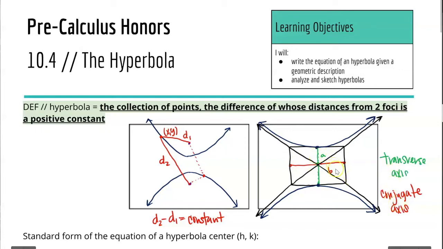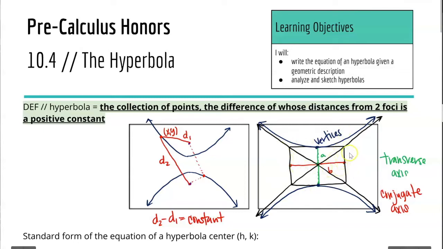We do call these points vertices, but notice that the b value doesn't actually result in a point that's on the hyperbola, so we don't call those co-vertices, although on the slide I kind of do. I just have to remember that they're not points on the hyperbola itself, but it helps us sketch what it's going to look like.